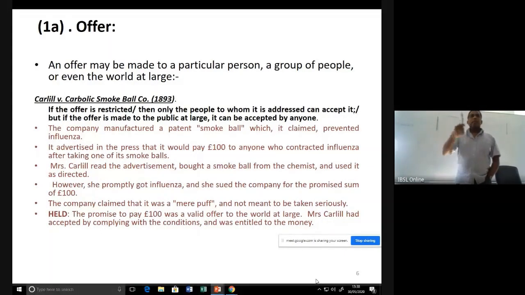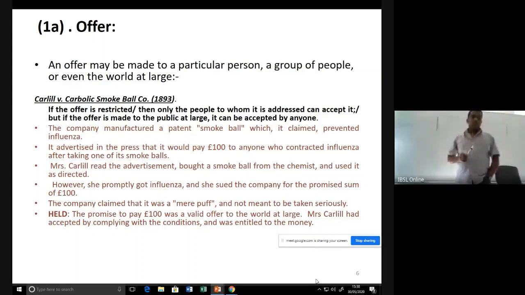If I put this on the internet, any person in the world can accept this offer. Even a person in America who wants to buy this pen from me can accept, because this offer is not addressed to a particular person or group, it is addressed to the entire world. So anyone in the world can accept it.